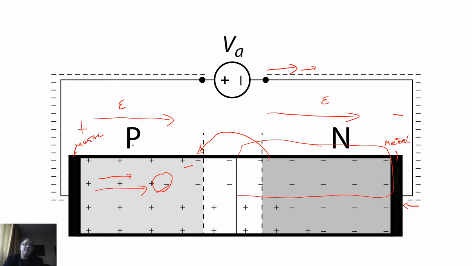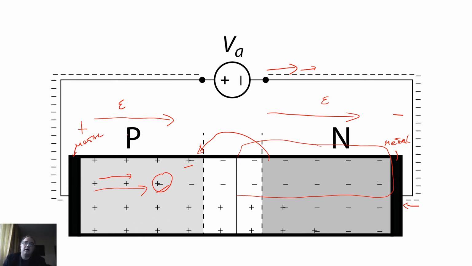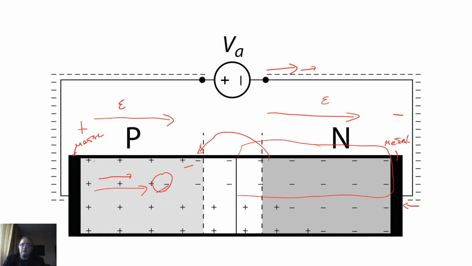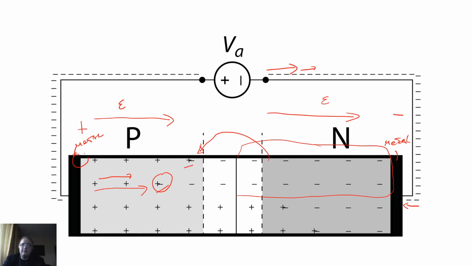And the metal plate has abundance of electrons. So here very easily the hole is exchanged again for an electron, and then the electrons continue through the wire and just reach the positive side of the external energy source.